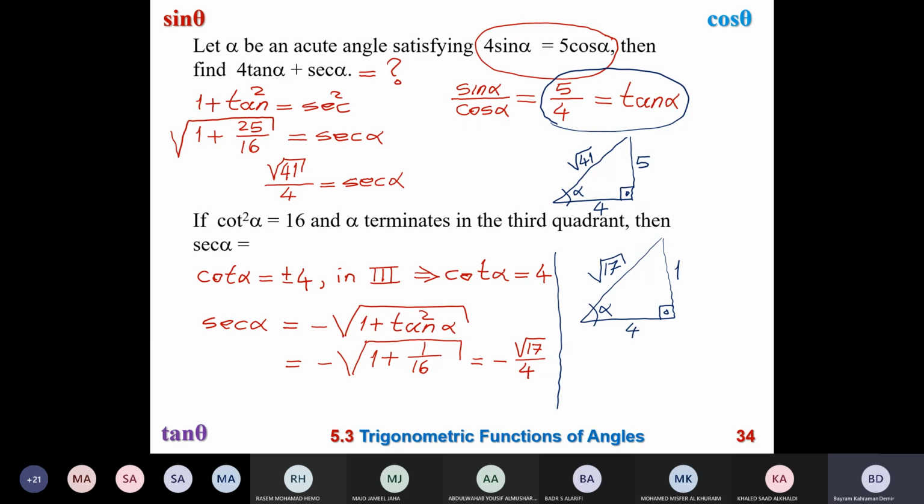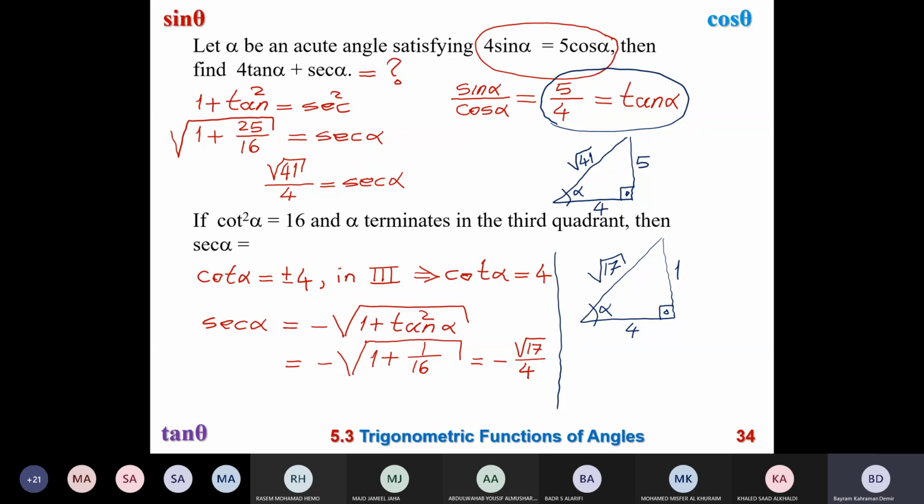Since the location is in the third quadrant, you need to choose negative root 17/4, not the positive root 17/4. When we draw the triangle, the 4 should be minus, right? Because in the third quadrant, x is negative and also y is negative.